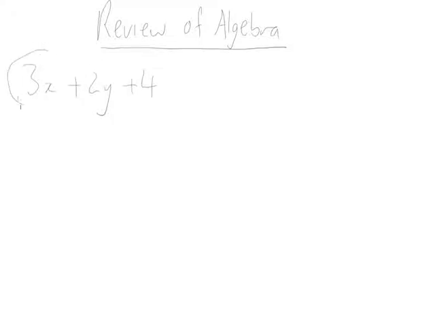The whole thing here, I would say, is an expression. Expressions are different to equations in that an equation has to have an equal sign. So if I wrote something like 4x plus 2 equals 6, that then would be an equation.